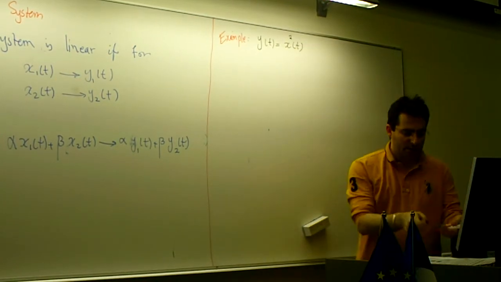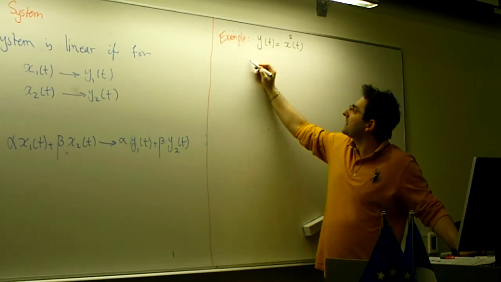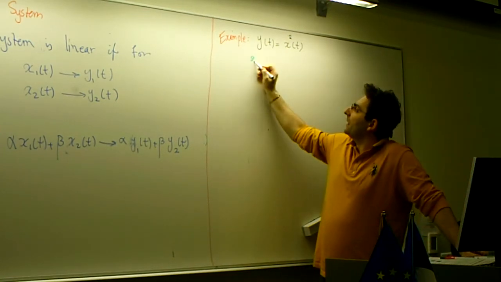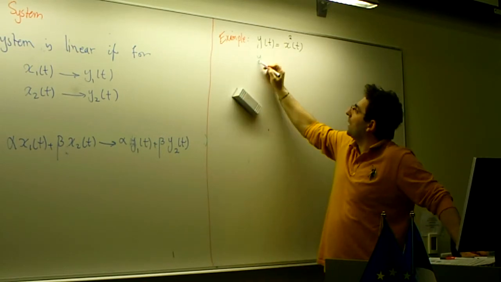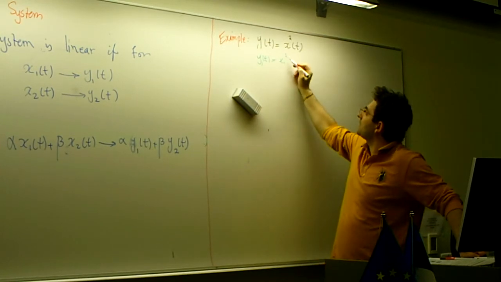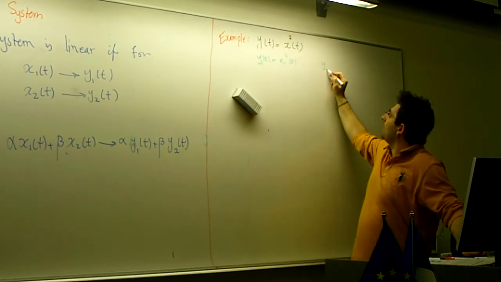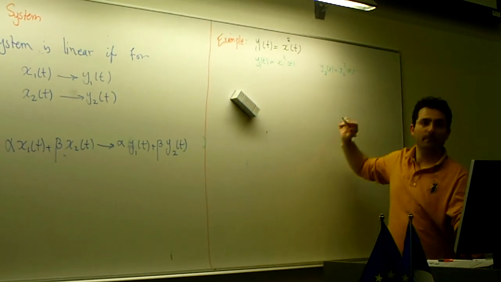Is this one linear or not? I just give you an example that is not linear. Assume y1(t) is x1 squared(t), and y2(t) is x2 squared(t).